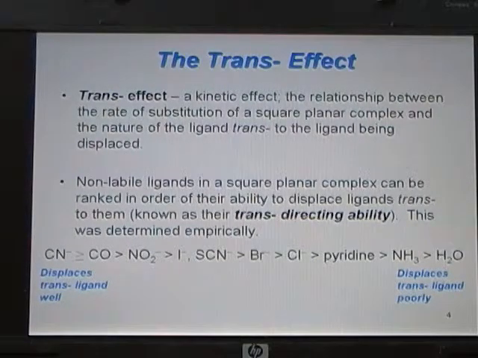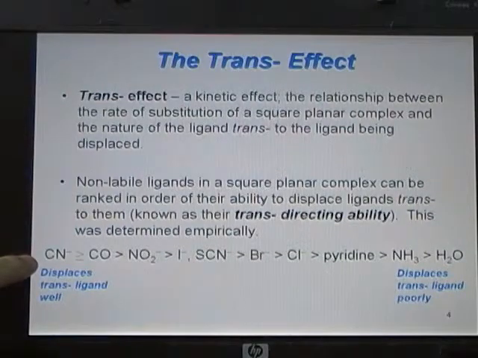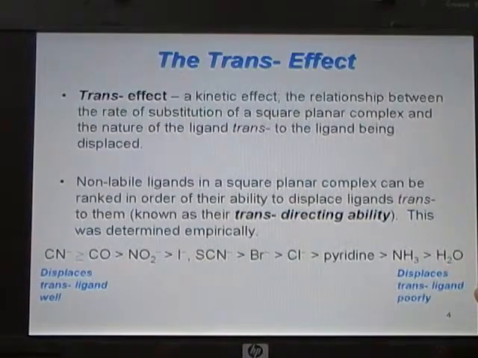The ability of a ligand to displace another ligand trans to it is known as the trans-directing ability. This is much like the spectrochemical series. You need to memorize this. It will help you answer many questions. At the high end, ligands like CN- and CO will displace trans ligands very well, whereas at the other end, NH3 and H2O displace trans ligands poorly.